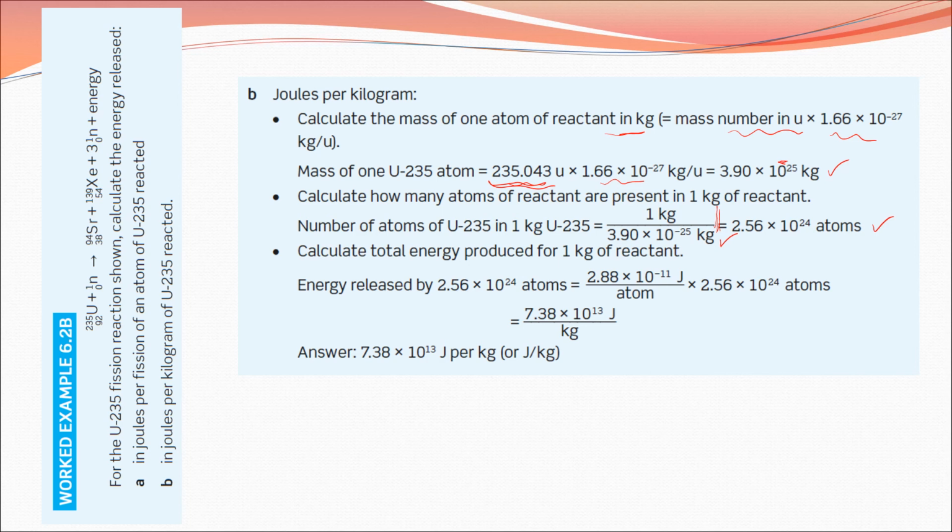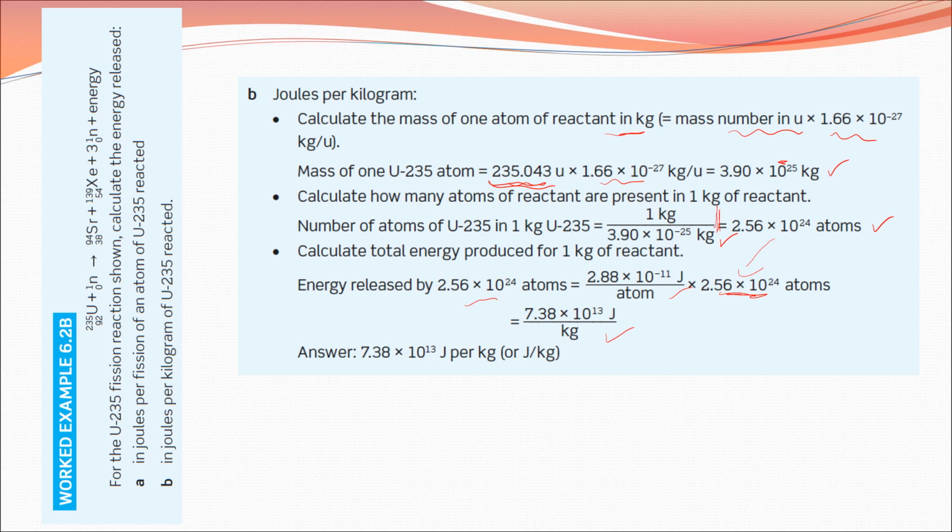So that number there comes down here. All right. Energy released from that many atoms is that number there, times our little number there, the other one, gives us this figure down the bottom here, 7.38 times 10 to the 13 joules per kilogram.